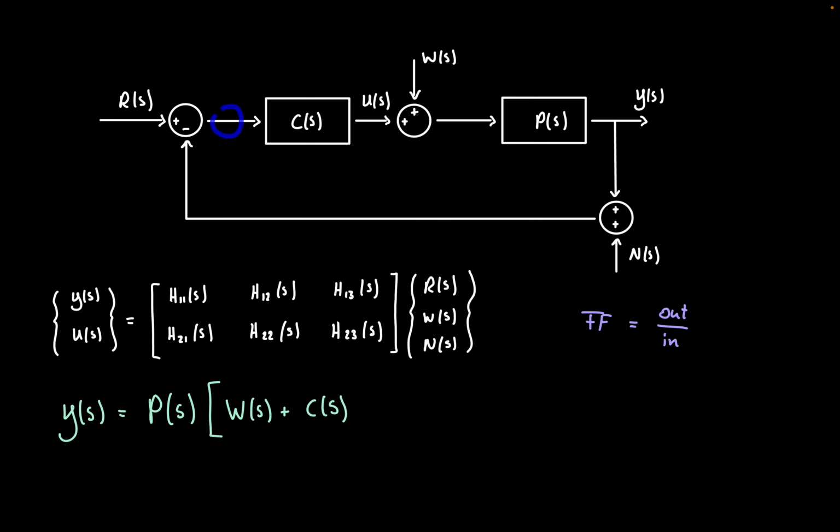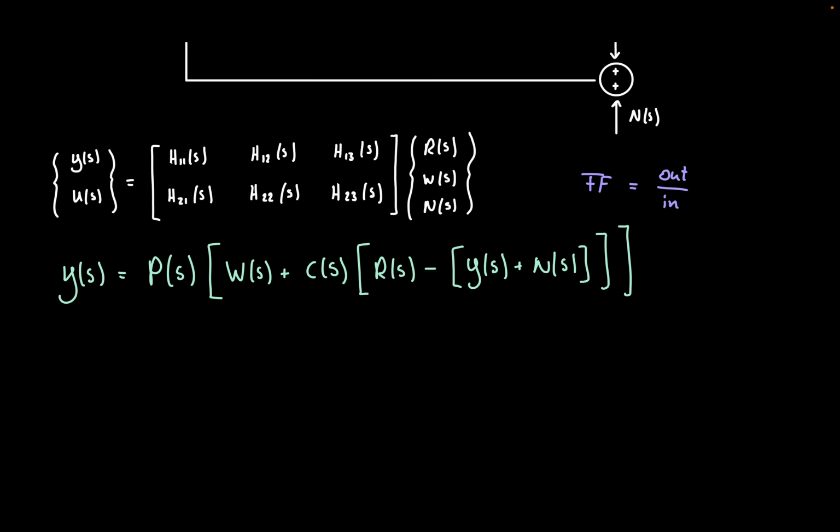Now with the input, that is going to be R minus whatever this branch is here, which we can see is the sum of Y and N. So we'll essentially have Y plus N. And this is actually the full equation for our output Y of S. So now we can start to multiply things out to then solve for Y. So let's multiply stuff out.